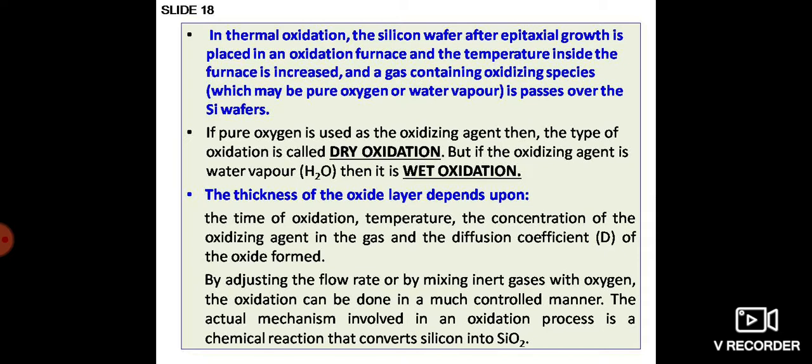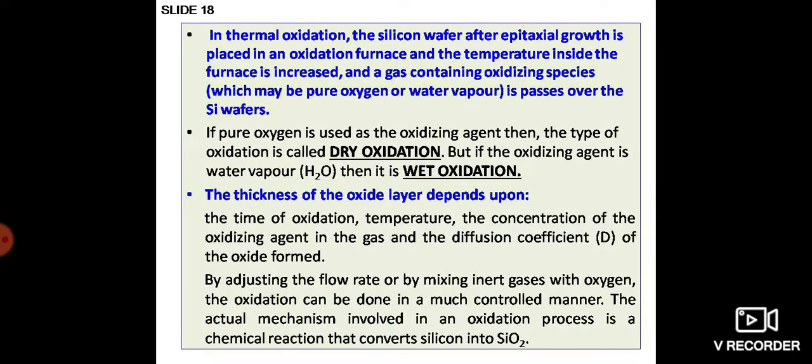Moreover, the thickness can also be controlled by controlling the diffusion coefficient of the oxide layer formed. That is, the larger the diffusion coefficient, that is, the more easily the oxidizing species can move through the oxide layer, the faster the oxidizing agent or species moves through the oxide layer and reacts with the silicon, the more will be the thickness of the oxide layer.